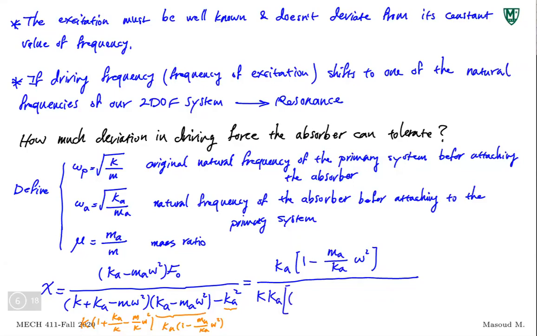Now, from the first term, we'll get 1 plus Ka over K minus m over K omega squared, right, times 1 minus ma over Ka omega squared minus, well, let me continue this right there, Ka over K. So all I did, I just took Ka from the numerator and another Ka from the denominator, right?